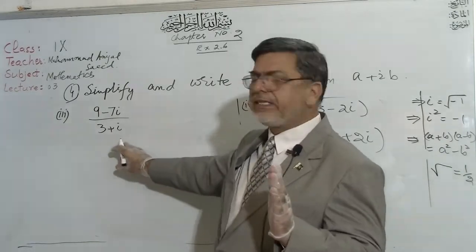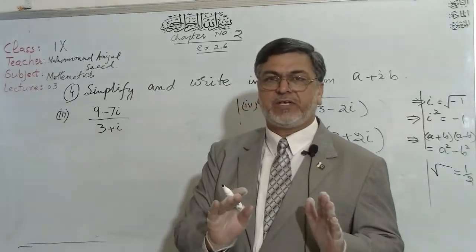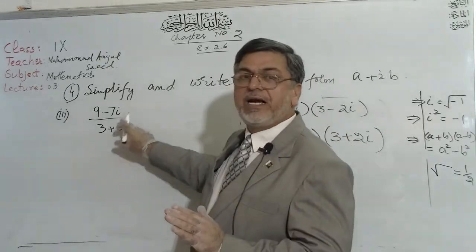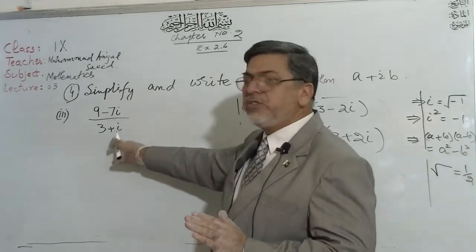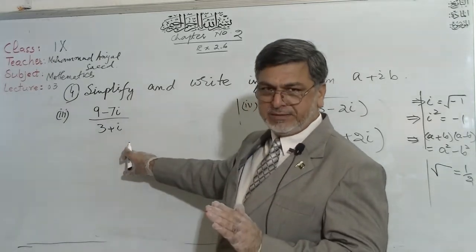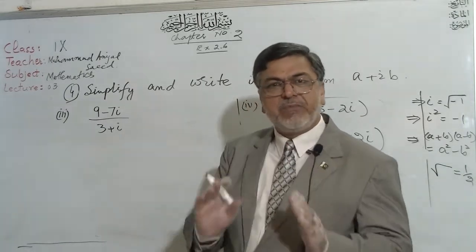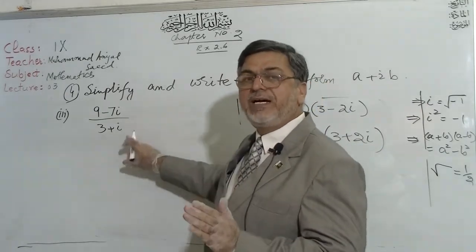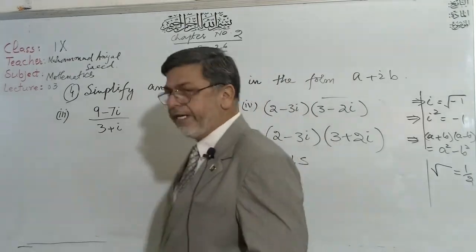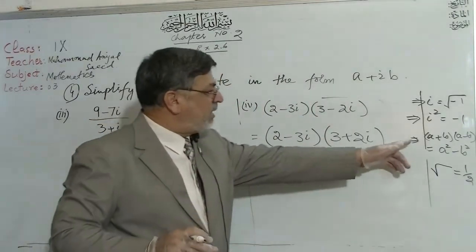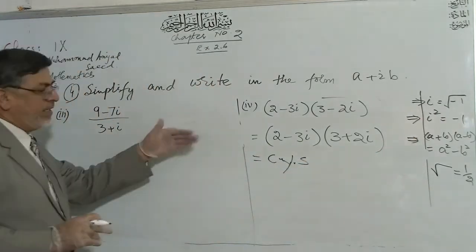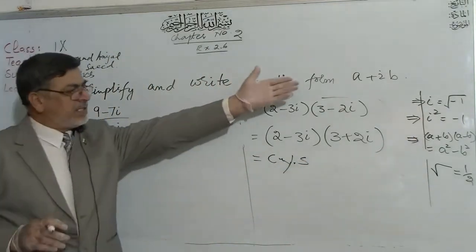If we want to make this denominator free from iota, keep in mind always you multiply above and below by the conjugate of denominator. So in this way, we will apply formula number 3 here, and then the answer will be a single complex number like that.